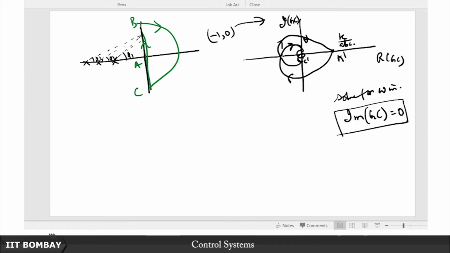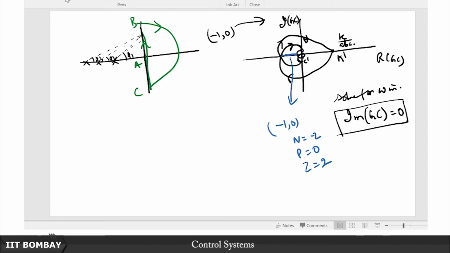If within this blue segment I have minus 1 comma 0, then I am in trouble, because then n is equal to minus 2, p is equal to 0 and z is equal to 2. So that means I have two of those closed loop poles in the right half plane.